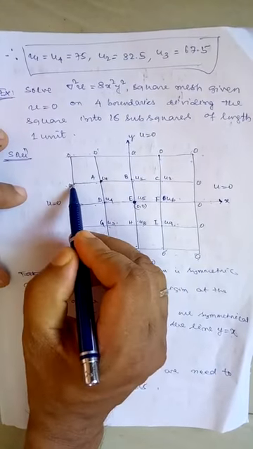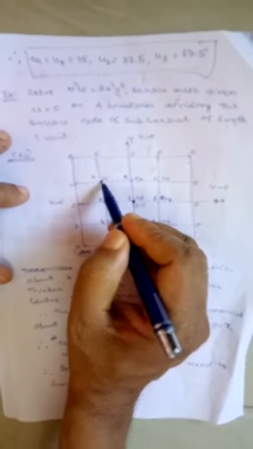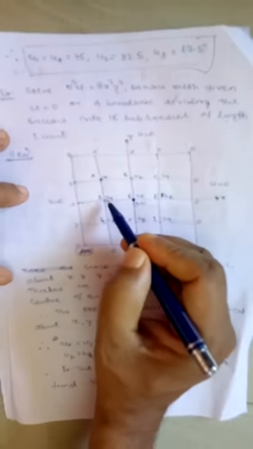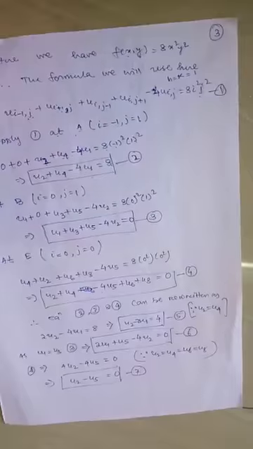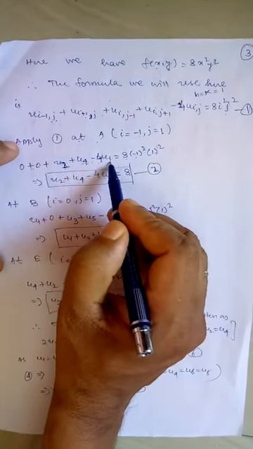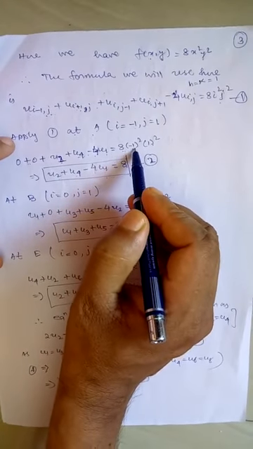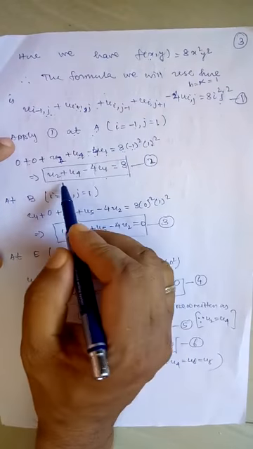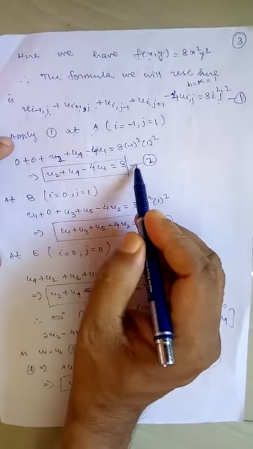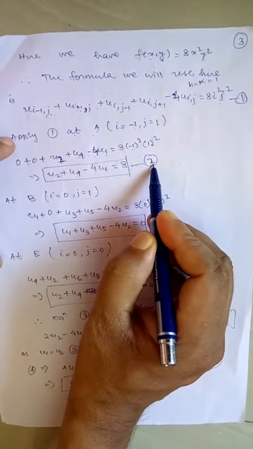So i minus 1 is 0, i plus 1 is u2, j plus 1 is 0, j minus 1 is u4. So I will get a relation 0 plus u2 plus u4 minus 4u1 is equal to 8 into (-1) square plus 1 square. So that is u2 plus u4 minus 4u1 equal to 8. Let us denote it by equation 2.